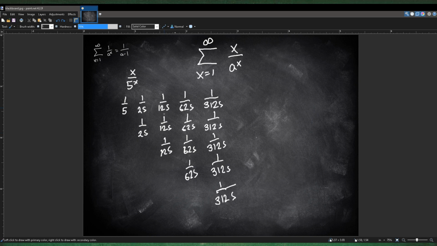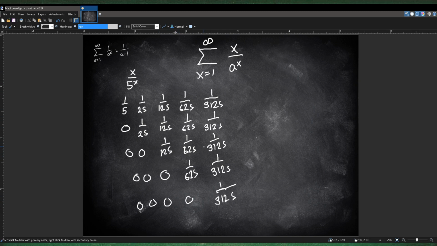Well, let's look at this. The first sequence has all the terms. The second sequence has all the terms but the first term. The third sequence has all the terms except the first two, and the fourth sequence all the numbers except the first three. And the fifth sequence has all the terms except the first four.